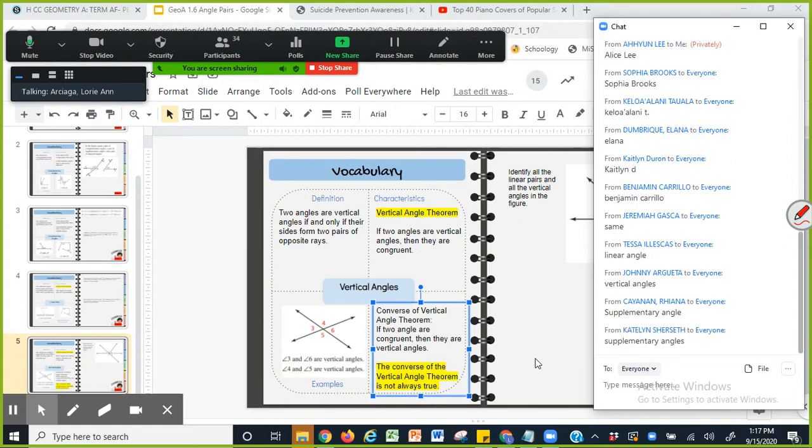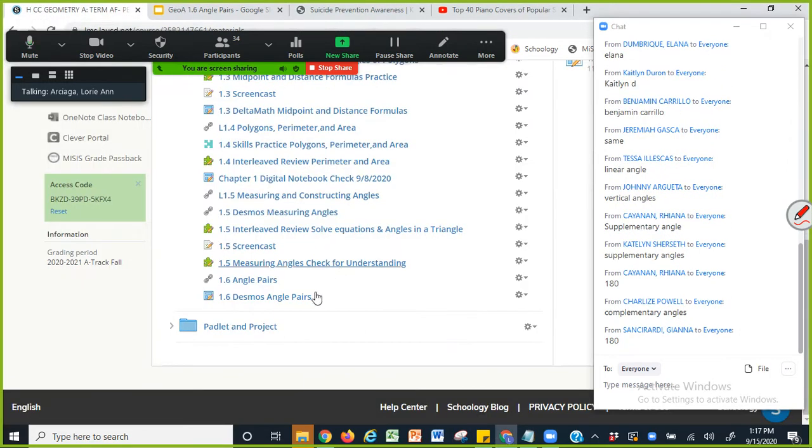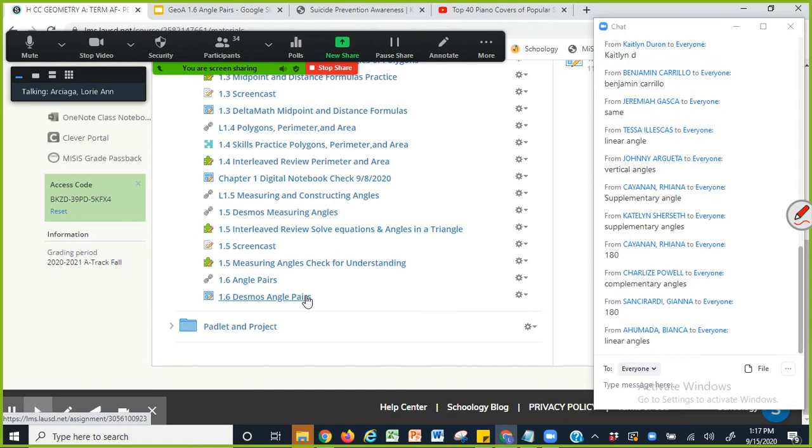And Johnny, how are vertical angles related? Very good, Rihanna. What's the measurement of supplementary angles? What is the sum when you add them? Would you like to type that in as well? 180, very good. All right, linear angles or linear pairs. Awesome. Those are some of the angles that we will use today.